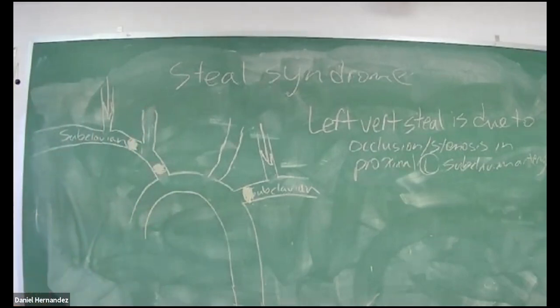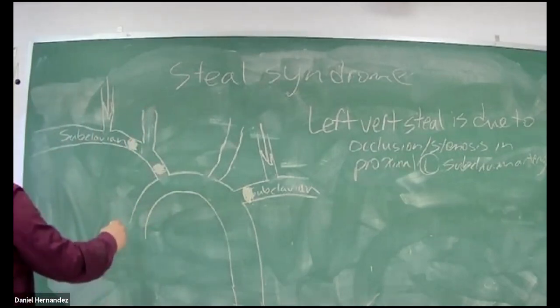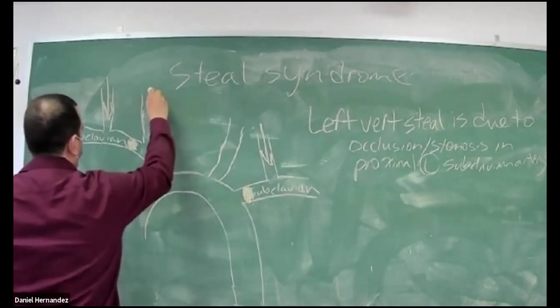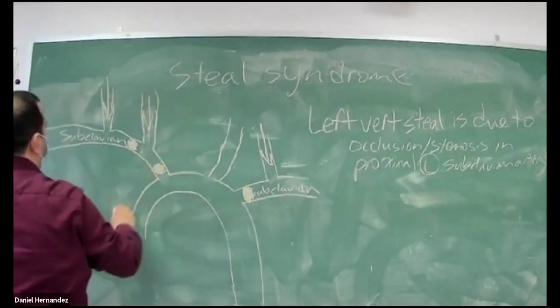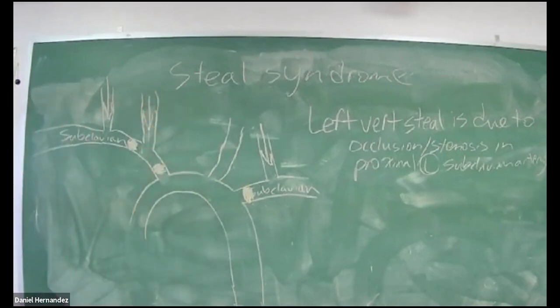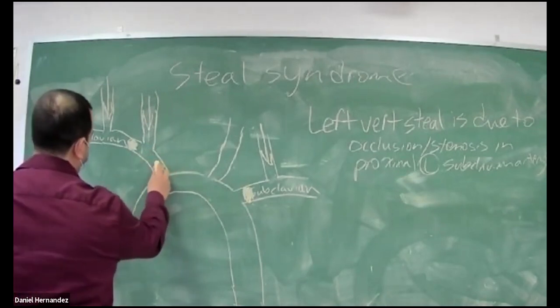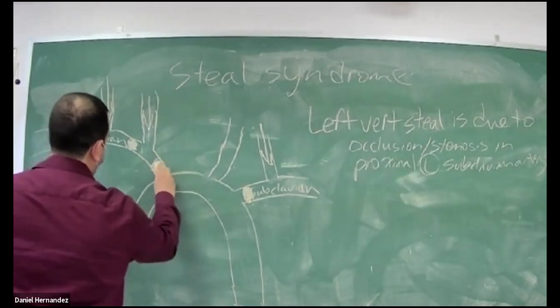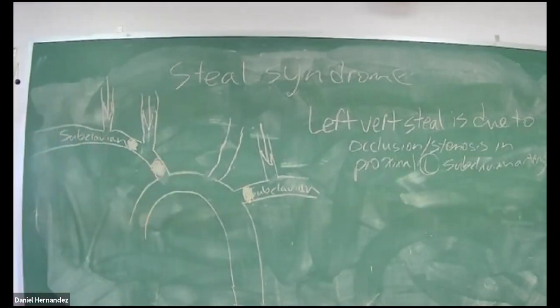But if we're Dopplering and we see retrograde flow in both the right common carotid and the right vertebral artery, then that stenotic lesion is going to be more proximal. It's going to be in that right innominate artery.